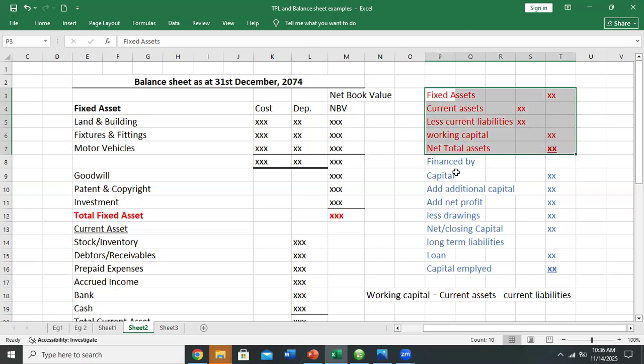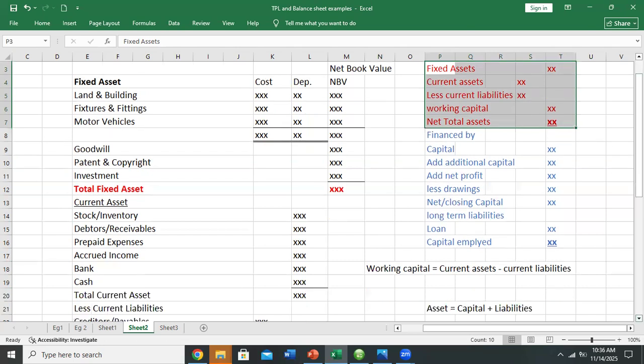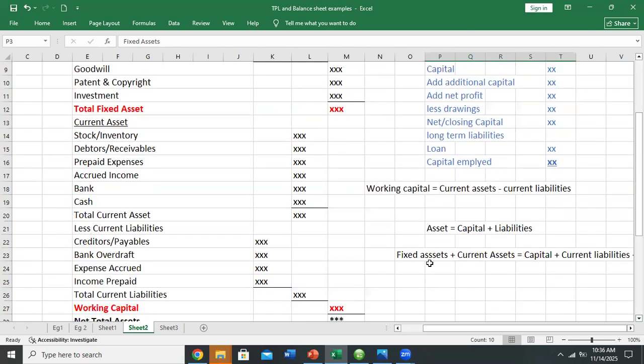After that, if you appreciate the formula I expanded here, the fixed asset and current asset will transfer the current liabilities to come and subtract from it. So our balance sheet will be fixed asset plus current asset minus current liability, and it should be equal to your capital plus long-term liability.